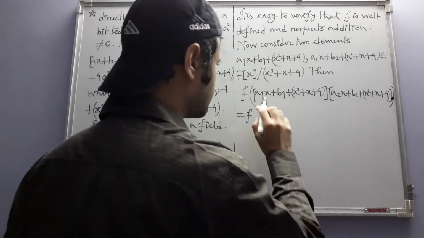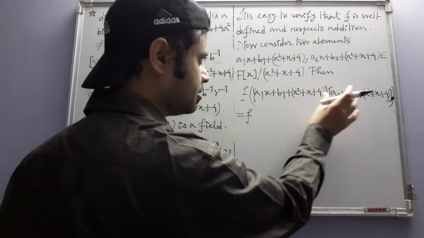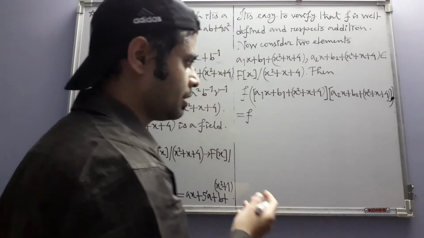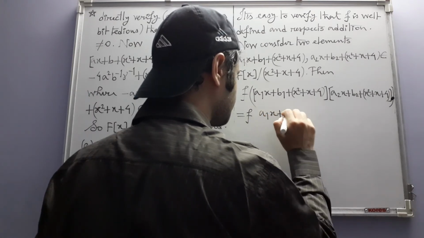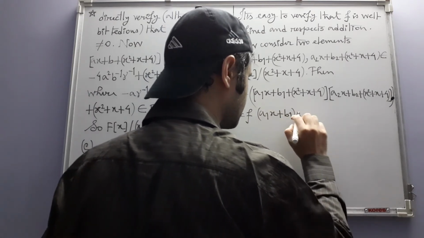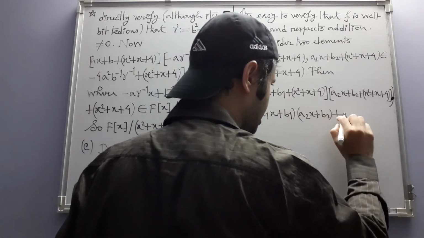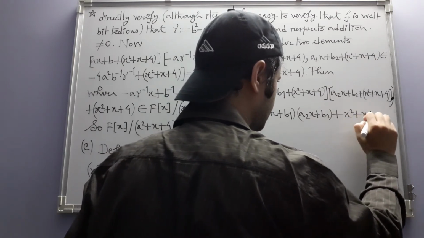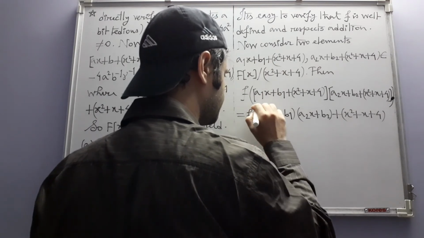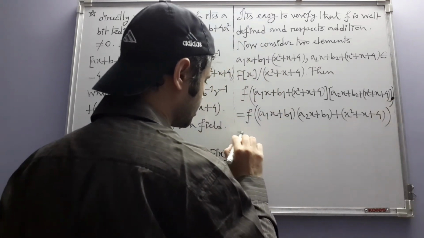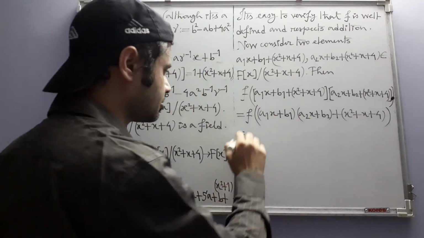If we multiply according to the definition of coset multiplication, we have to multiply these two polynomials, and that product will give us the new coset. So that means a1x plus b1 times a2x plus b2 plus x square plus x plus 4. Here we have just applied the definition of multiplication of two cosets.